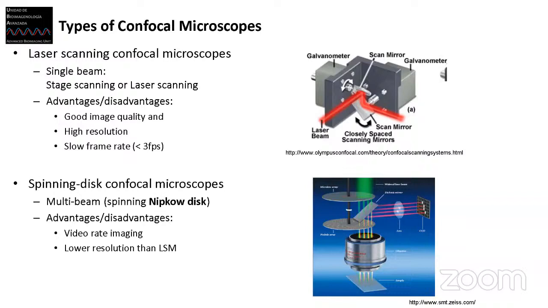And basically you collect many pinholes, and if you are moving this, you renew this at a very high frequency, you coordinate this frequency of rotation with the frequency of reading of the camera, and you can make an image in a confocal resolution at very, very high speed, and with very good resolution in Z. And this is a very nice development that we have, if you are interested in doing very quick or very fast acquisitions for processes in cells or in animals.